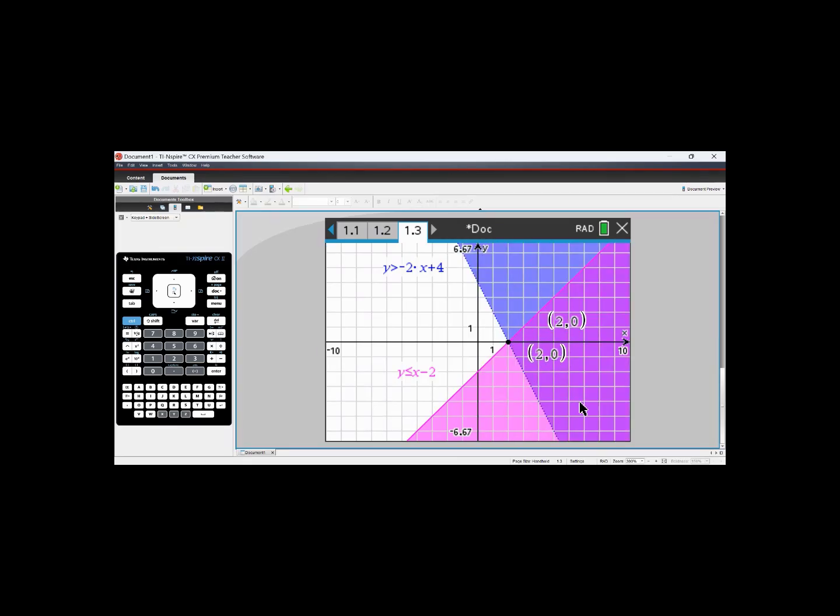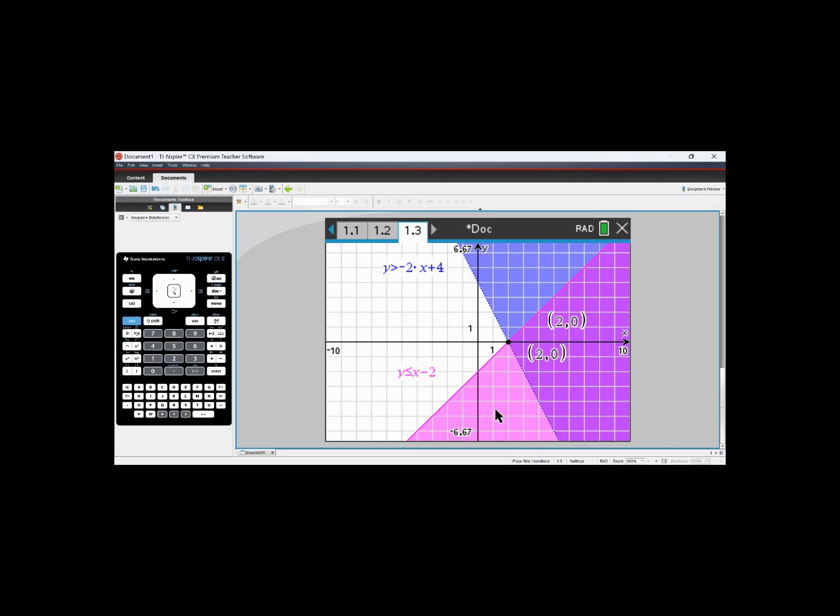In one of the updates, it does do this. If your calculator does not give you that point of intersection, you have an older operating system, you want to bring your handheld calculator to me so we can update that operating system. Unless, of course, you know how to do it yourself from a computer, go for it. But if you are not getting that point of intersection, we need to update your operating system.